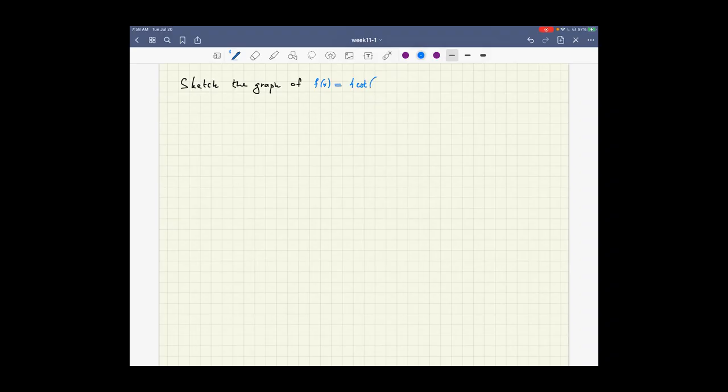Four times cotangent of pi over 8 x minus pi over 2, minus 2. In fact, we will explain that we don't need this phase shift. We can actually do some algebra here.